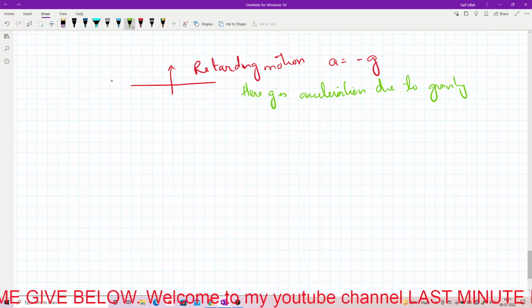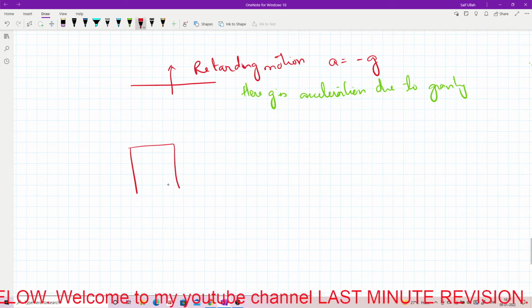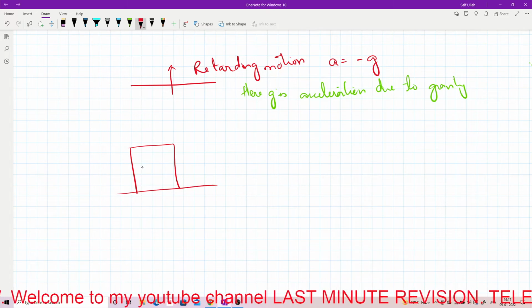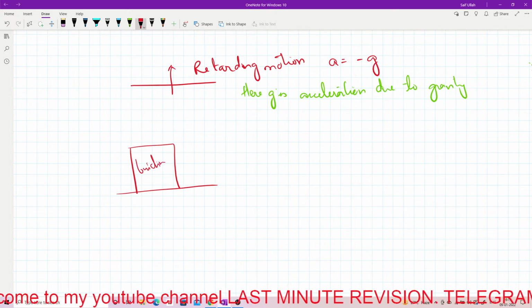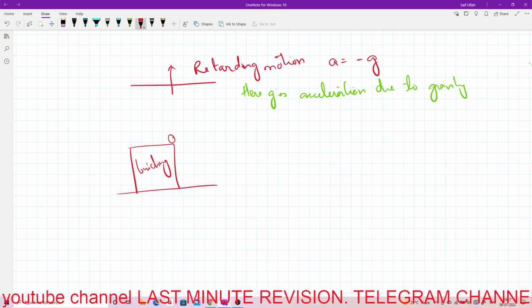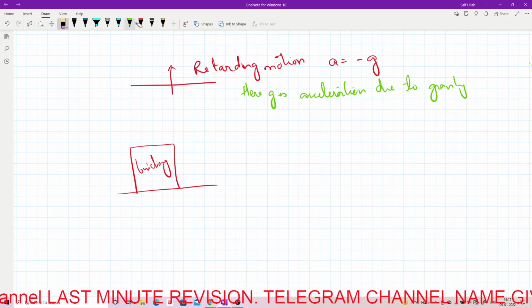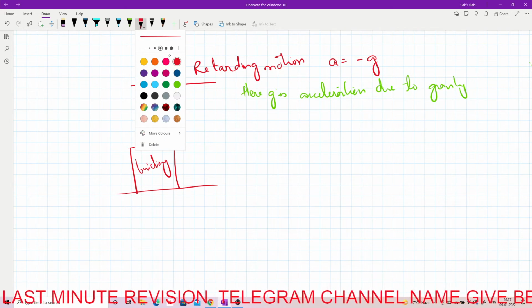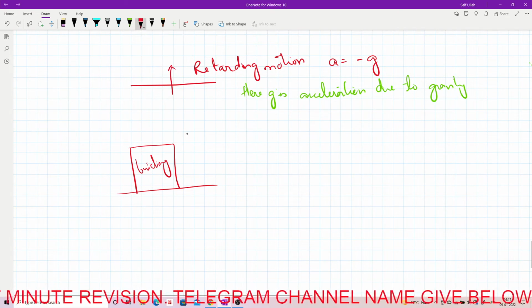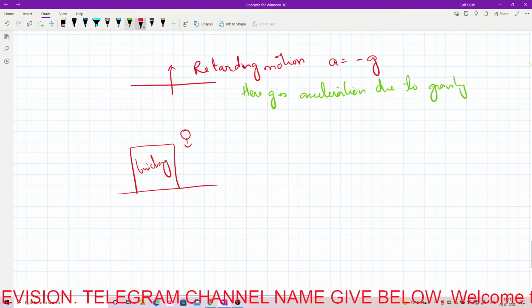At that time what will you do? For example, a building is there. This is the building and you are throwing a ball from here, freely falling. It is known as a drop body.